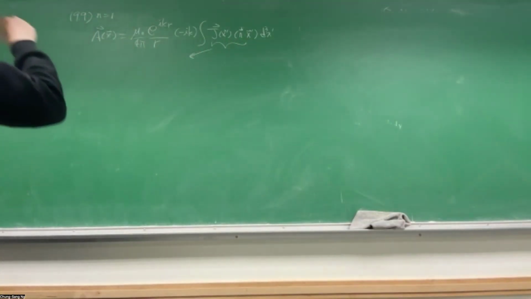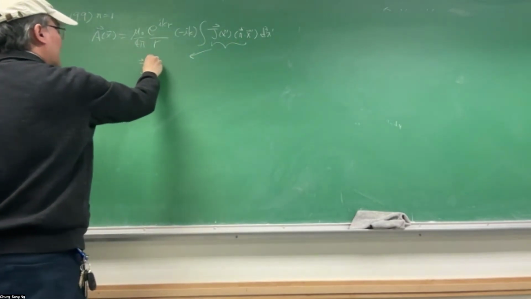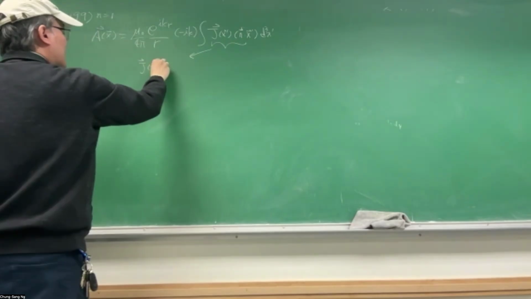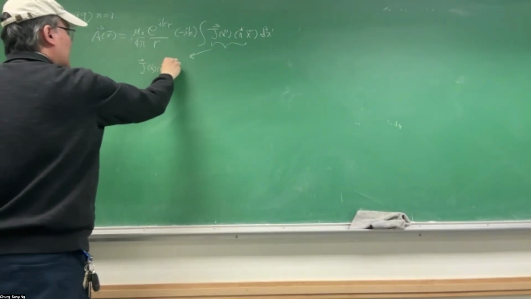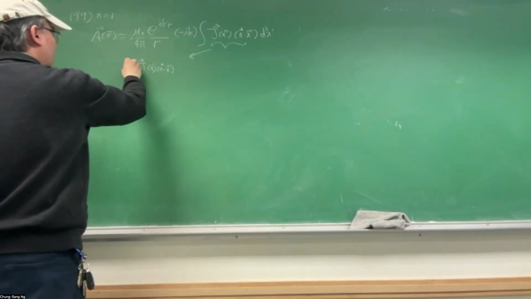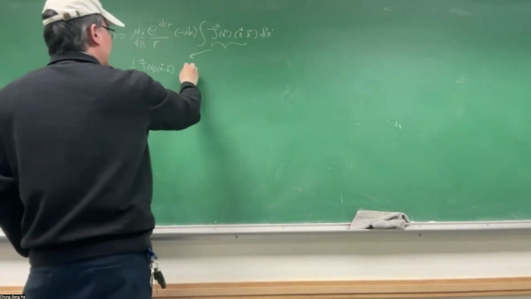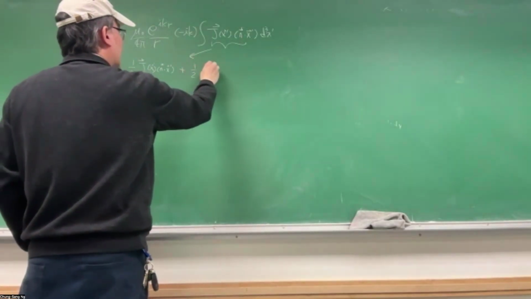Okay, so this integral, we have j times n dot x prime. We actually want to solve it first divided by 2. So you have half of that, and then plus another half of that.